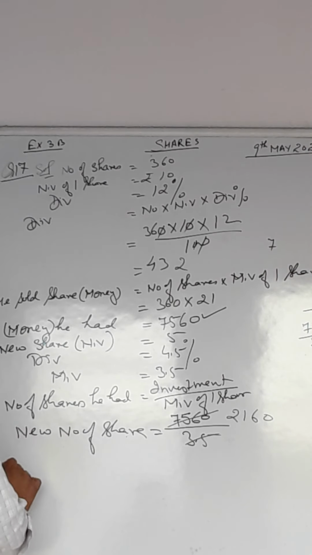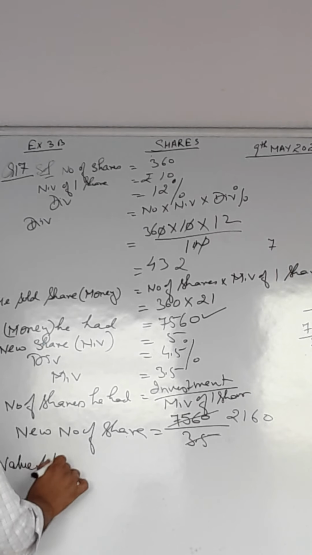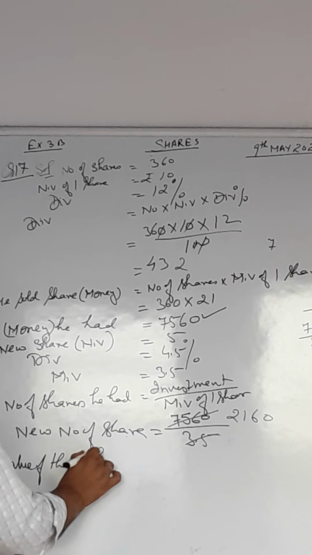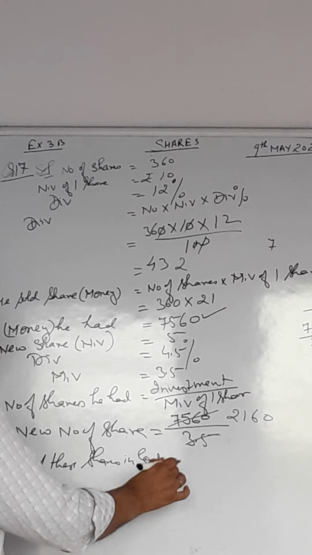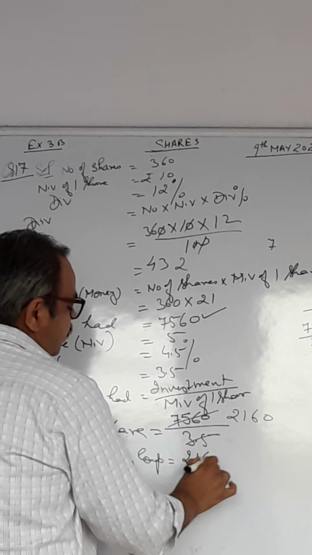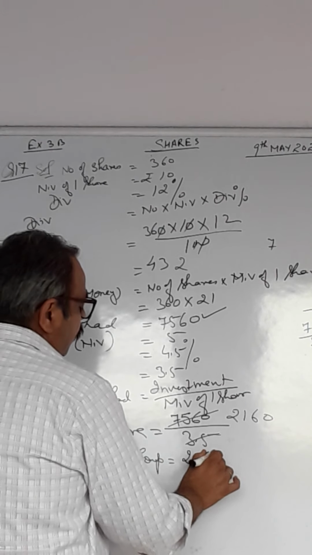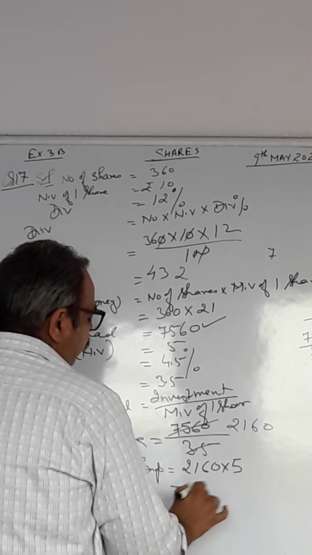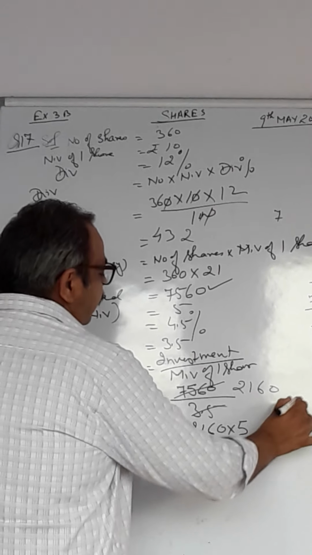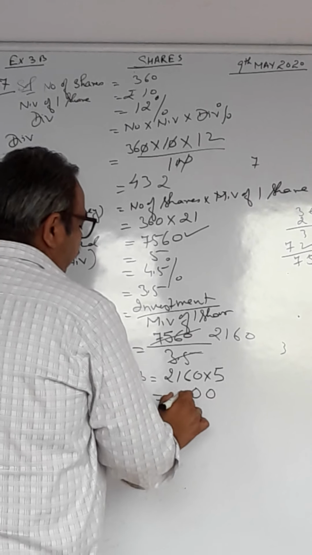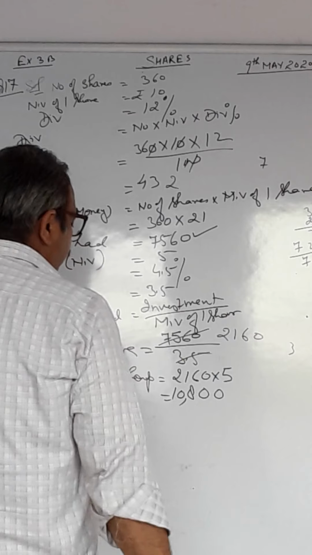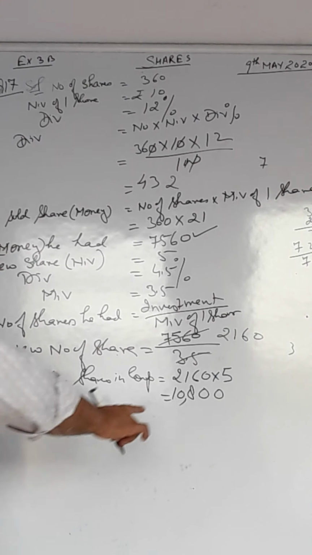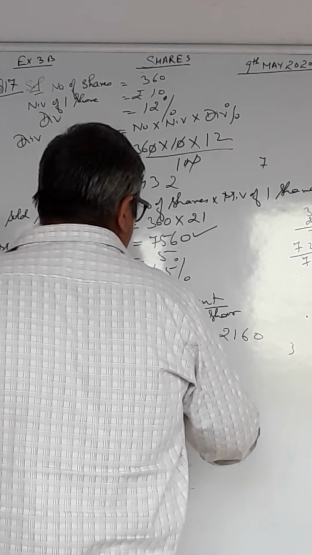Value of these shares in company: 2160 into 5. 5 times 0 is 0, 5 times 6 is 30, carry over 3, 5 times 1 is 5 plus 3 is 8, 5 times 2 is 10. 10,800.